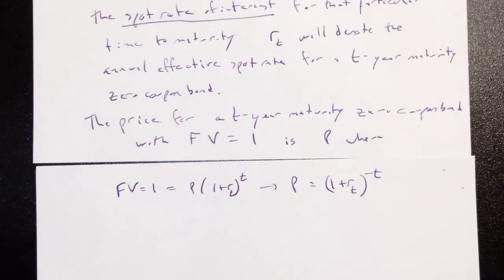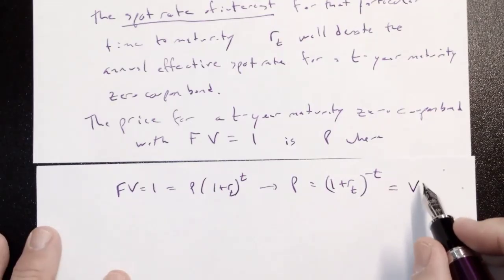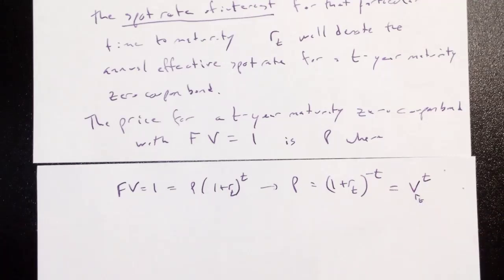Wait a minute. I know that. That's that V factor, isn't it? There's only one payment. There's no coupons, there's no intermediate behavior, but there is compound interest involved here.